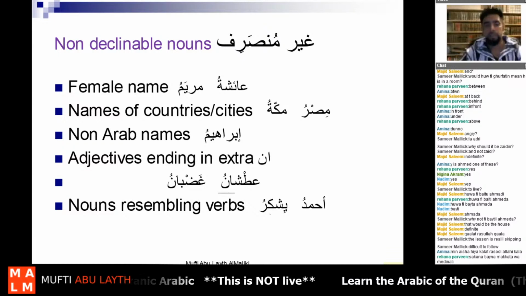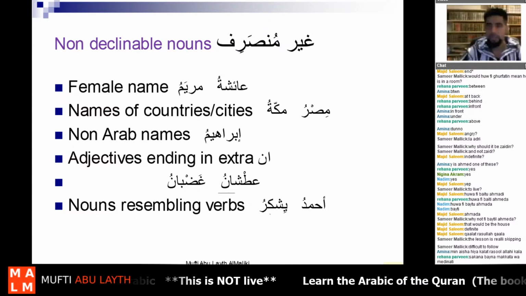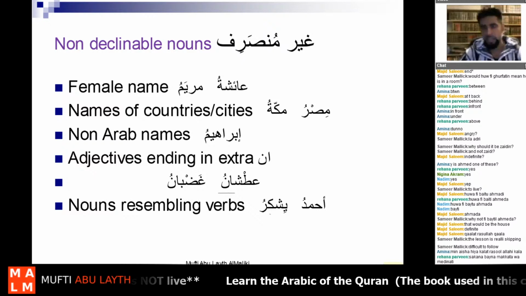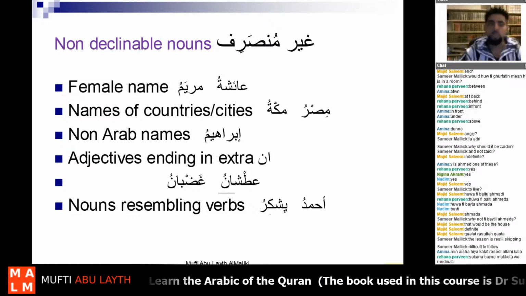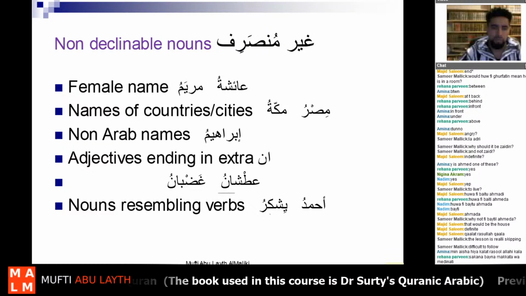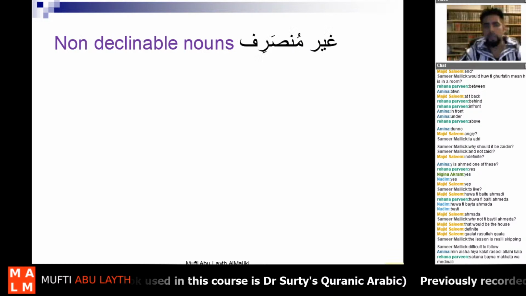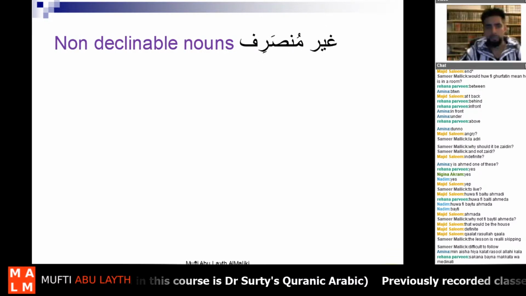Makkah, non-Arab names, Ibrahim, some scales or patterns in Arabic, like adjectives which end on a particular pattern, like an, right, Atshan, Advan, nouns which resemble verbs like Ahmad, Yashkur. There are one or two other examples, and we will go through that later on. But I thought at this stage this was sufficient. And then we had a go at practicing that. We saw that, and we had a go at practicing it here.